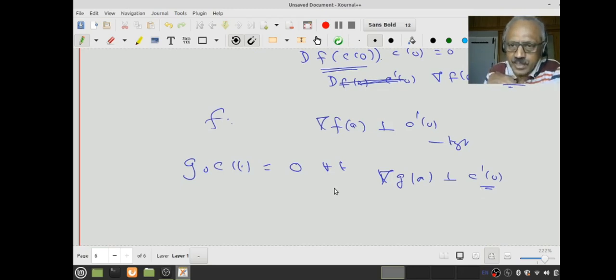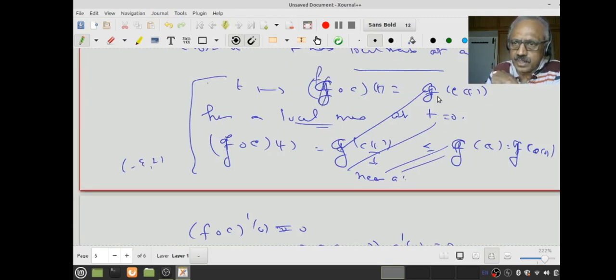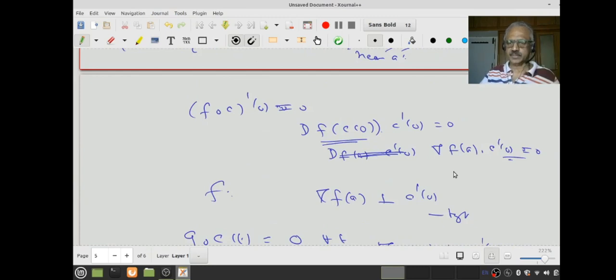Therefore, what do I expect? They must be scalar multiples of each other. This is my expectation. I am sorry for the goofing here. What I said earlier is correct.